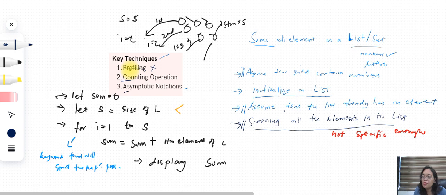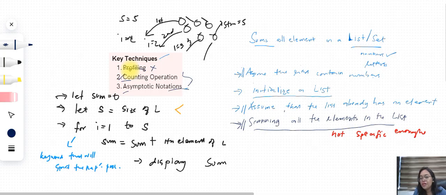So this tool is what is usually used in analyzing your algorithm, together with the asymptotic notation. But first, let's tackle counting operations. What does this do?